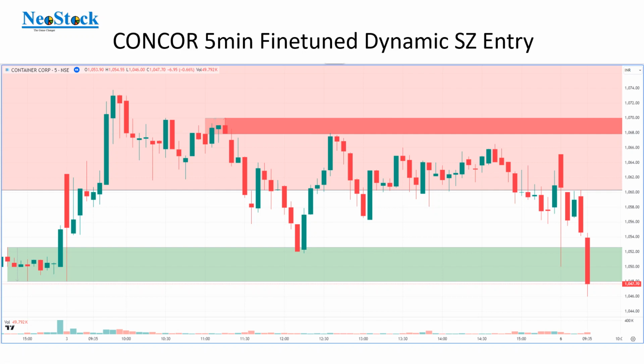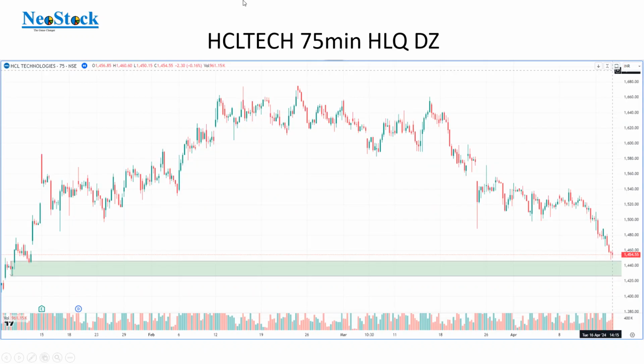Let us look into one more example. This time this is HCL Technologies, a 75 minutes high liquidity demand zone. So here we have a rally, 1, 2, 3, 4 base candles, again a rally candle. This entire thing is a demand zone. See, prices are near the demand zone.